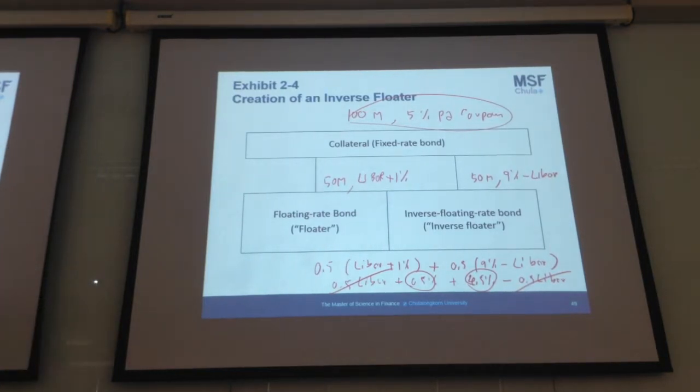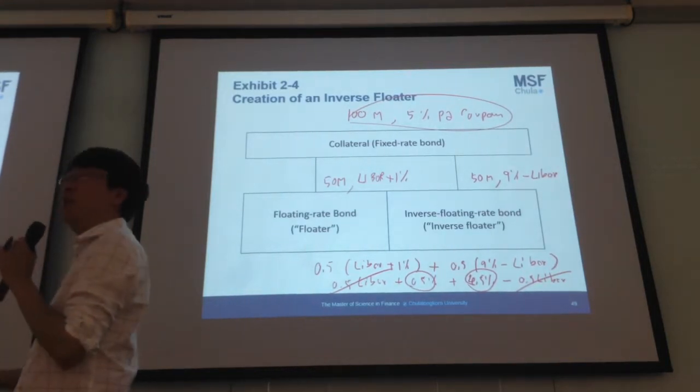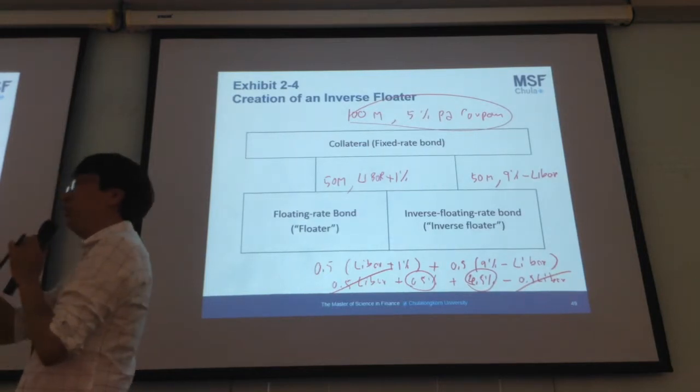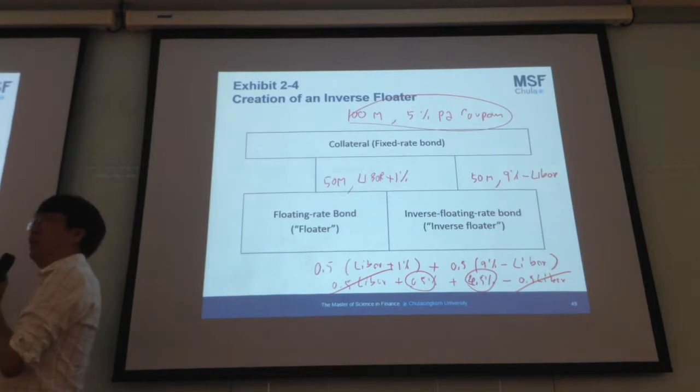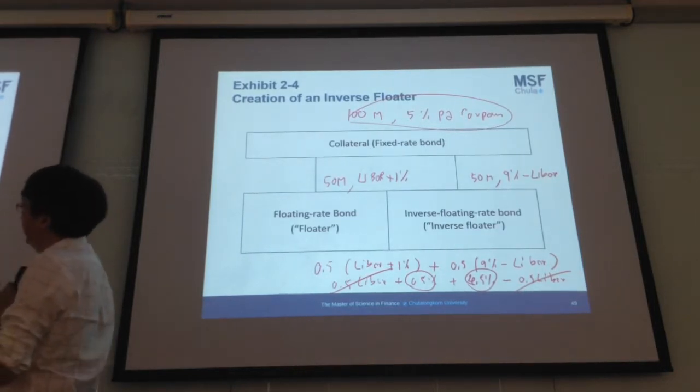However, this one does not increase, so the inverse floater must increase. This one increases when the market interest rate decreases. But this one, as we have discussed, will be adjusted to equal par. So to make the value change equal between the fixed rate bond and the inverse floater, this one must change more, right?